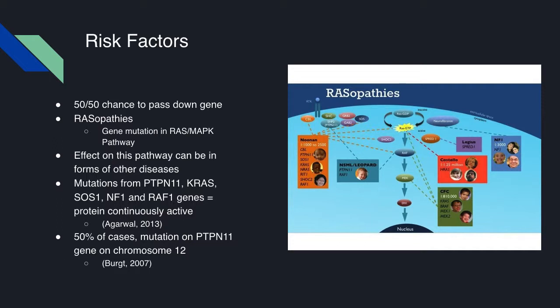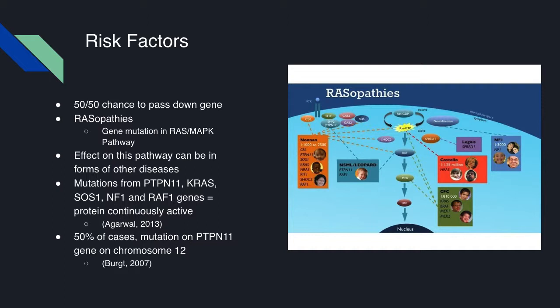Also wound healing and tissue repair. So mutations in these genes, PTPN11, KRAS, SOS1, NF1, and RAF1, make the protein continuously active. And this prolongs the activation and disrupts the regulation of cell growth and division, leading to Noonan syndrome.